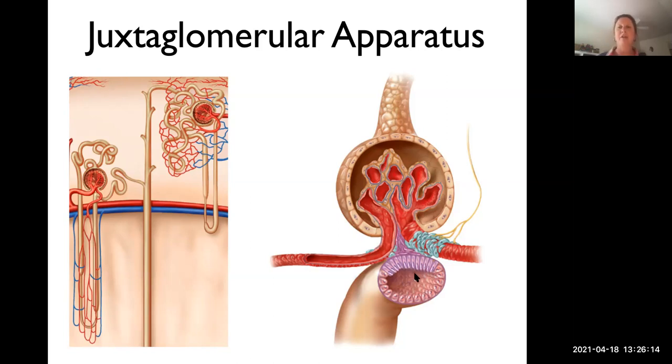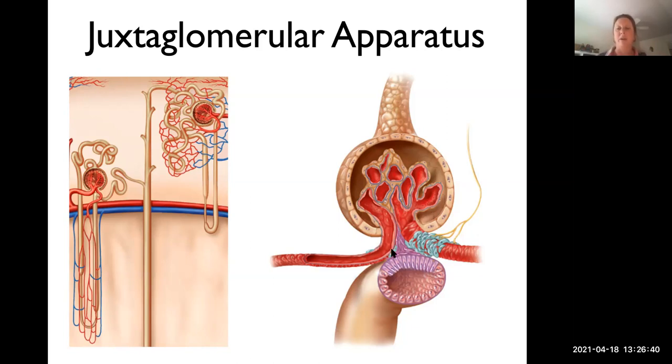If glomerular filtration is too low, then the macula densa send a paracrine signal that causes the JG cells to relax. In other words, to help dilate the afferent arteriole, and will tell the JG cells to constrict or tighten around the efferent arteriole.